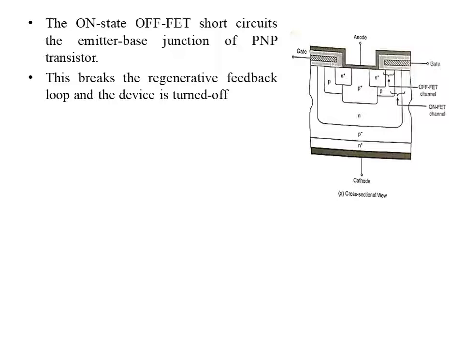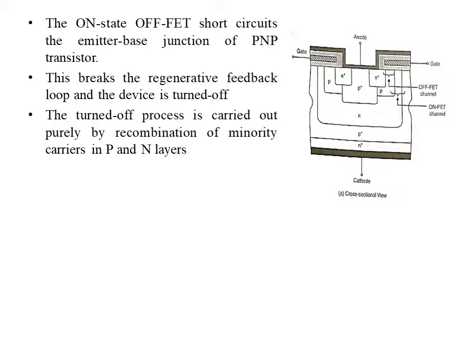Now, when we apply a positive gate voltage, due to the turning on of off FET, this regenerative feedback loop will be broken and the device will be turned off finally. The turn off process is carried out purely by recombination of minority carriers in P and N layers.